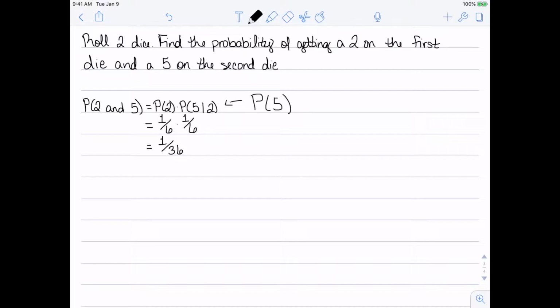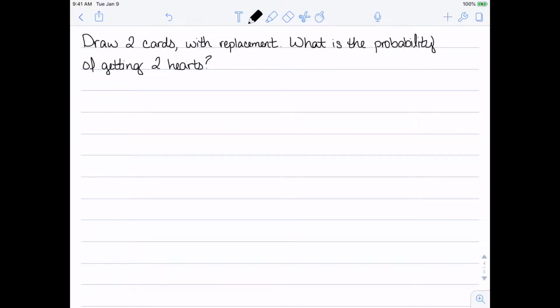Let's look at another example. Let's suppose we draw 2 cards with replacement. So what that means is we draw a card, put it back in the deck, shuffle, and then draw a second card. What is the probability of getting 2 hearts? So I'm going to abbreviate hearts with an H here. The probability of a heart and a heart. We know there are 13 hearts in a deck of cards out of 52 cards.